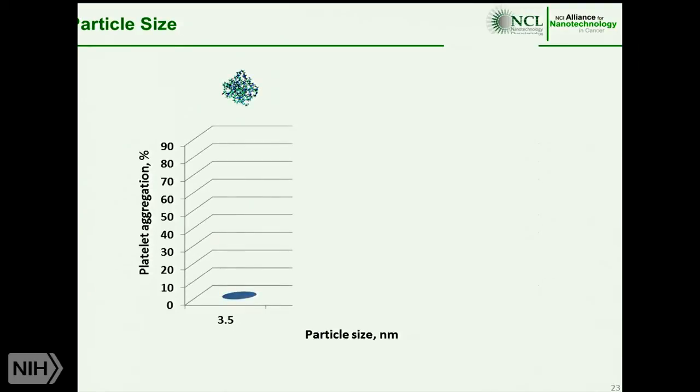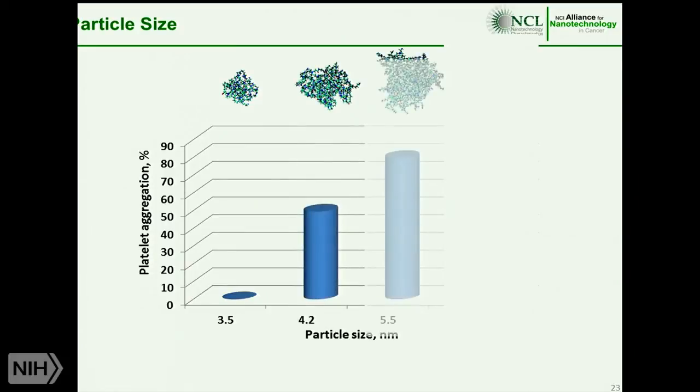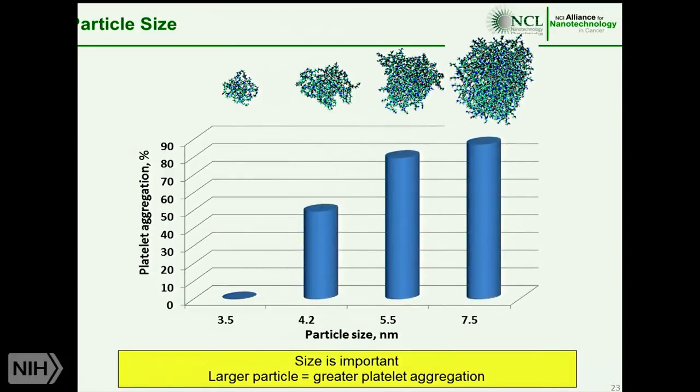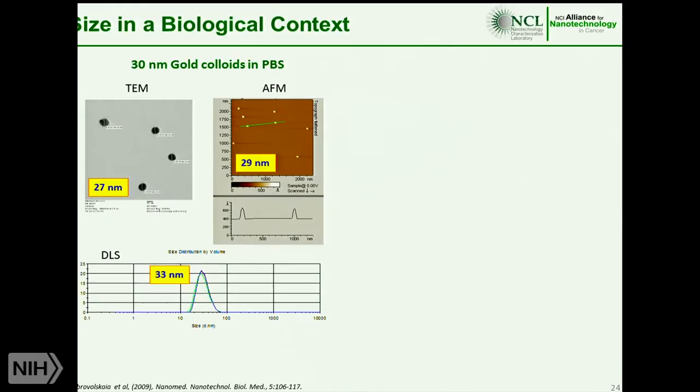We study here the interaction of the particles with platelets, and we are using platelet aggregation as an endpoint. As we transition from the smaller particles to the larger particles, their reactivity with the platelet membrane increases. So the bigger the particle size, the greater the ability to induce platelet aggregation. Again, particle size is important.